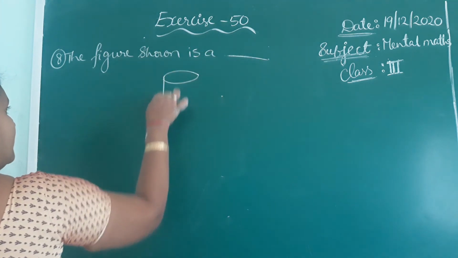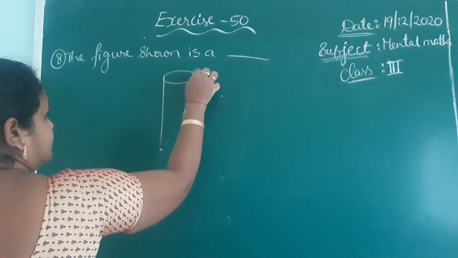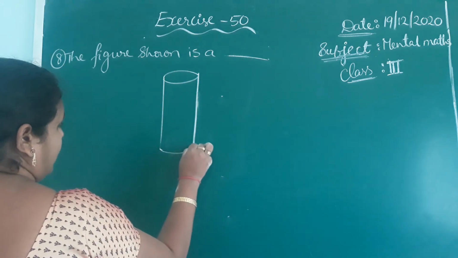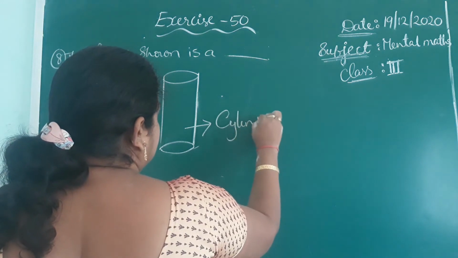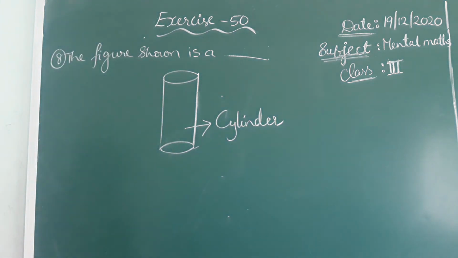What figure have they given? They have given one shape and they are asking us the shape of this figure. What is this figure's shape, Amma? It is in the shape of a cylinder. It is cylindrical shape.